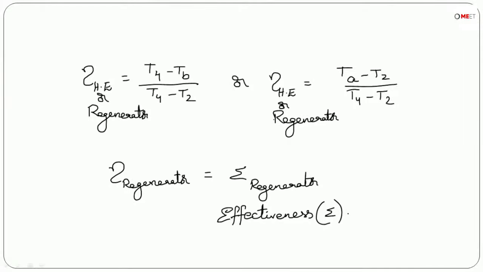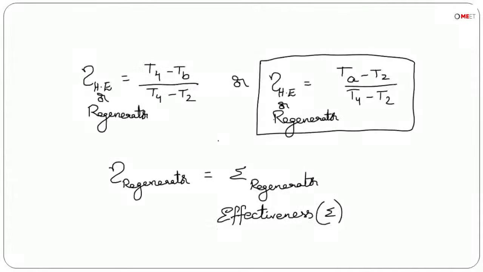If the effectiveness or efficiency of the regenerator is given, then by using that, you can determine the temperature TA by using this formula. For perfect regeneration, the effectiveness will be equal to 1.